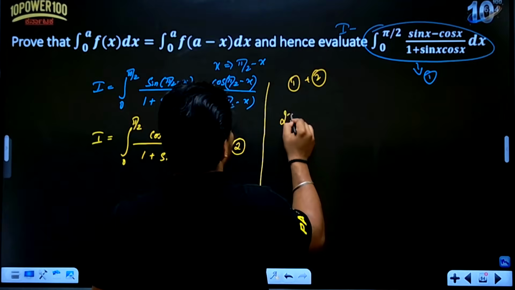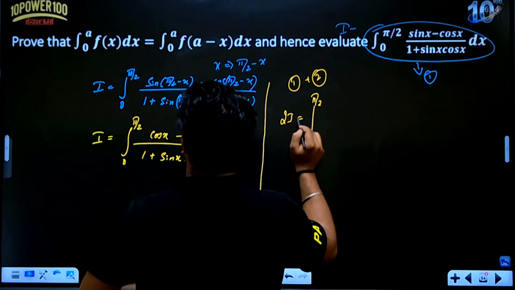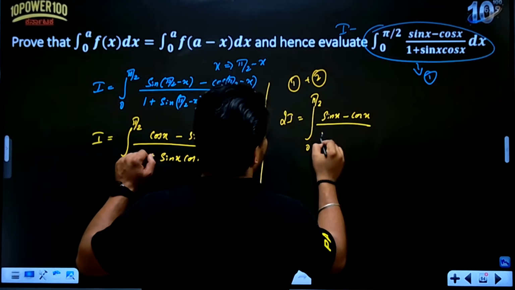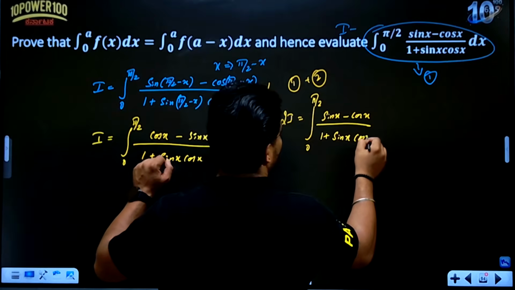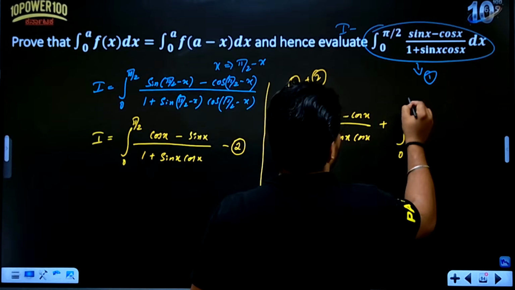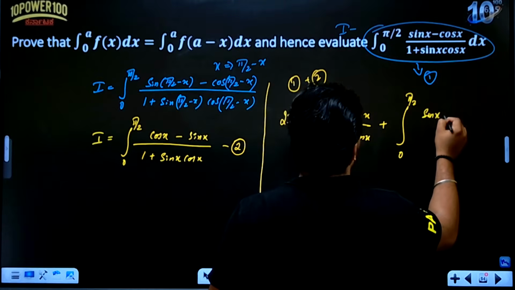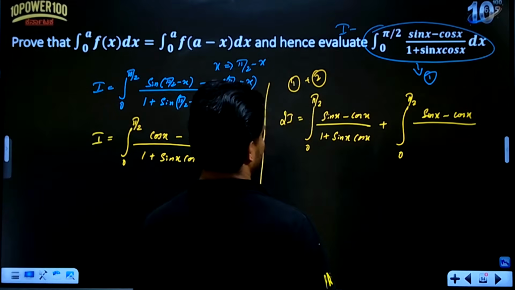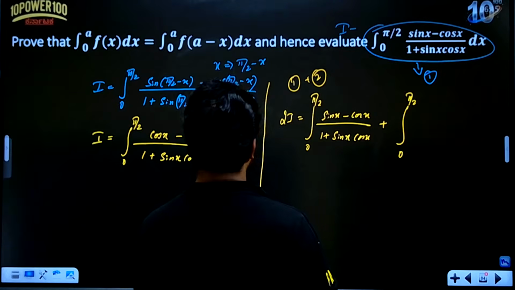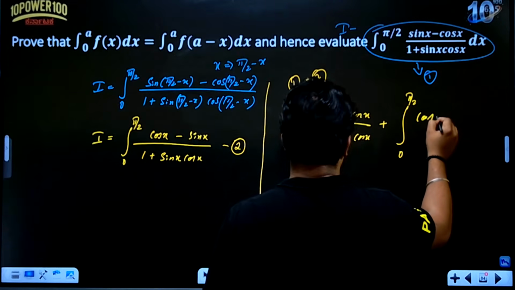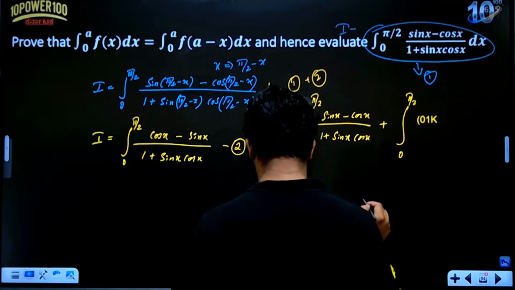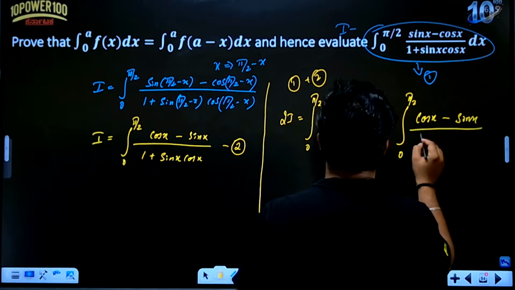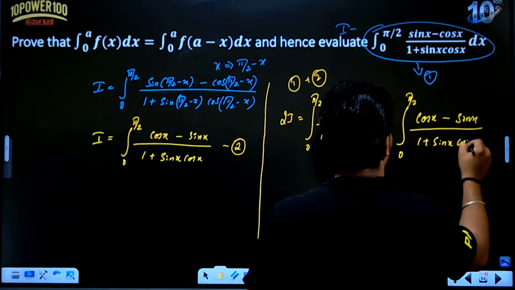So we get 2I is equal to the integral from 0 to pi by 2 of sin x minus cos x whole divided by 1 plus sin x cos x, plus the integral from 0 to pi by 2 of cos x minus sin x whole divided by 1 plus sin x cos x dx.